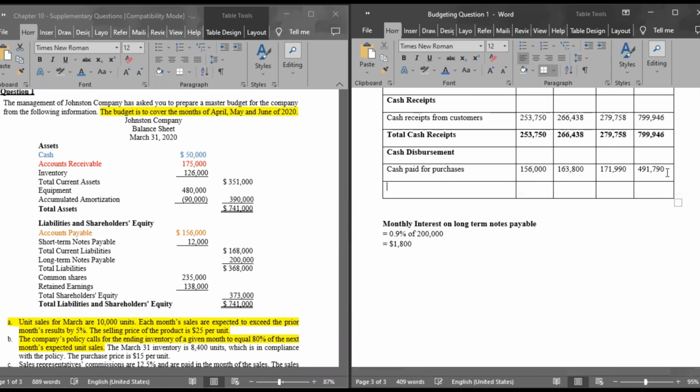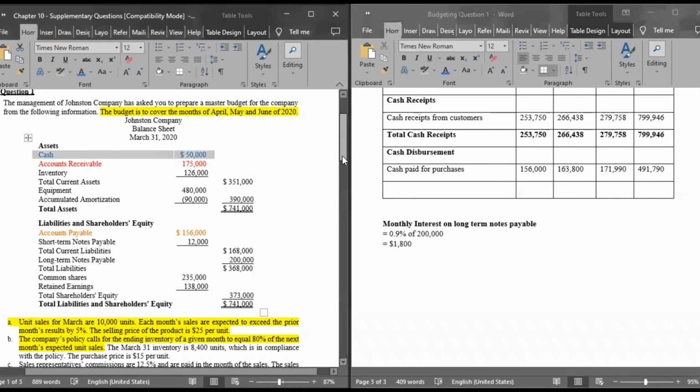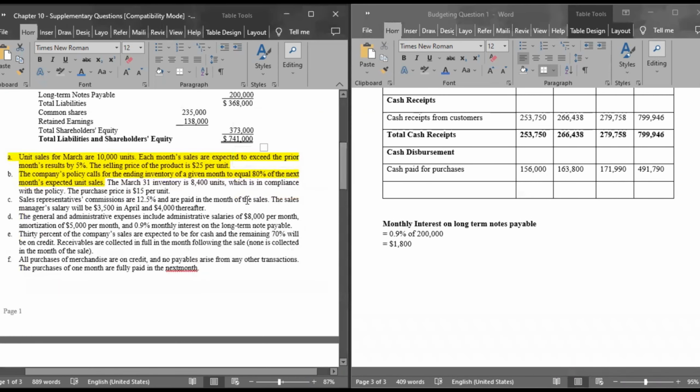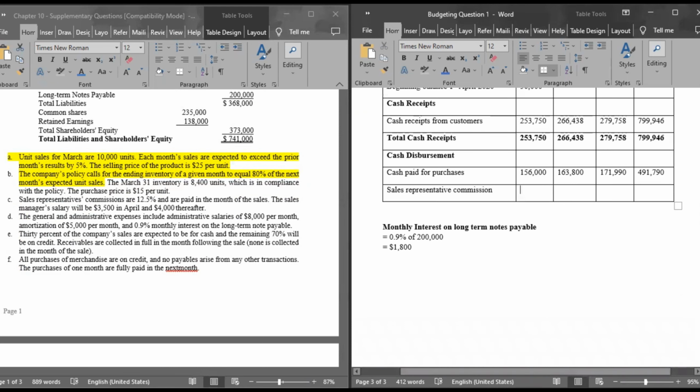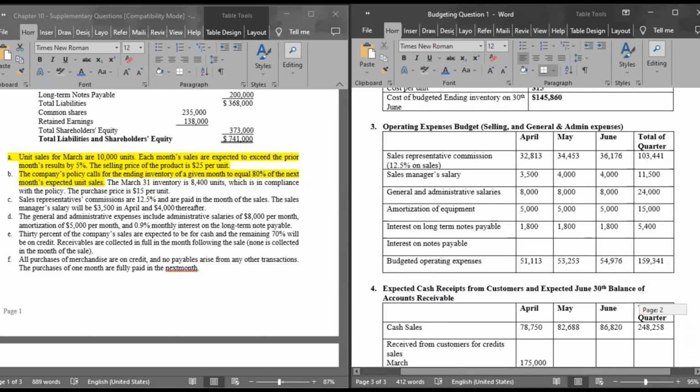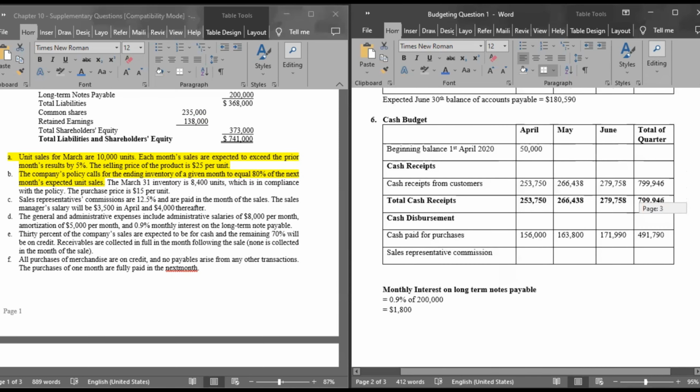Next, we also have some other payments. Look at the payments at point C. We need to pay the sales representative commission. We have already calculated this in the operating budget, so we will place this value.